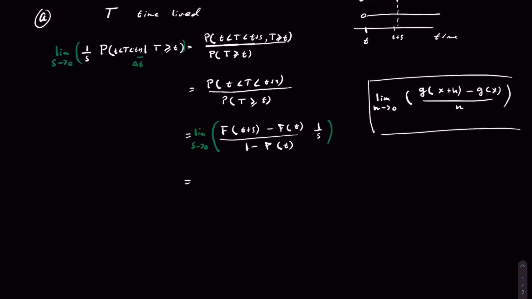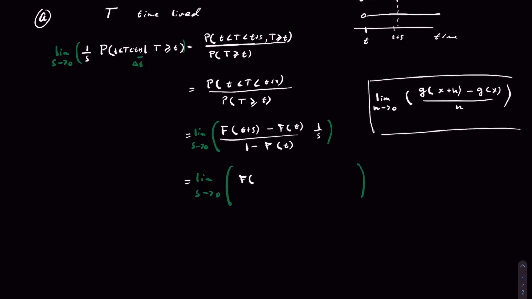All right, so working with the inner expression here, the limit as s goes to 0. Inside, I'm going to divide up this expression, and remember, we're taking the limit with regards to s, and the only function here that has an s is this function here. The rest will be considered as constants.